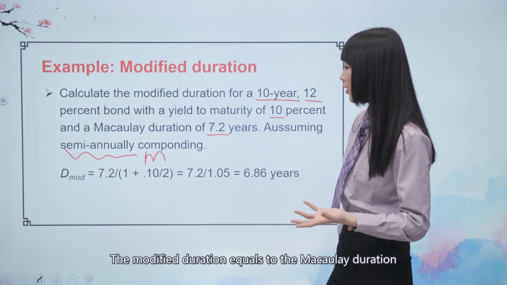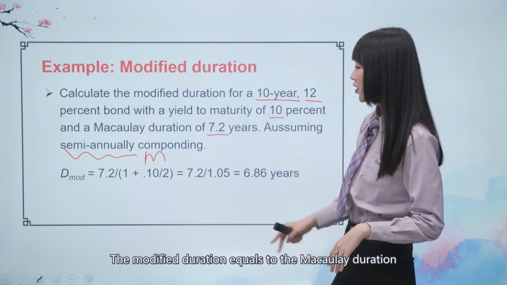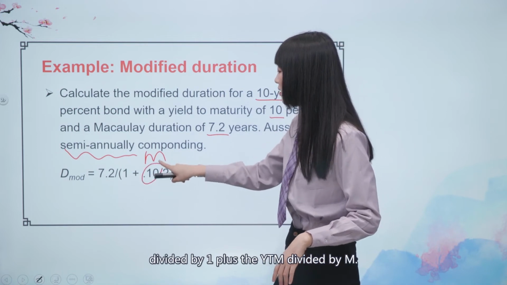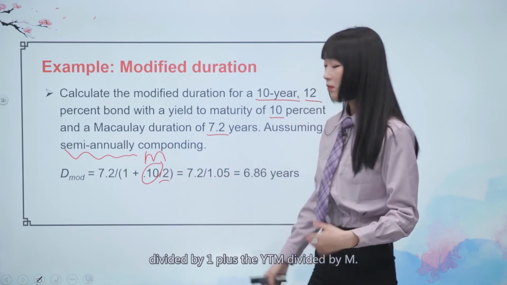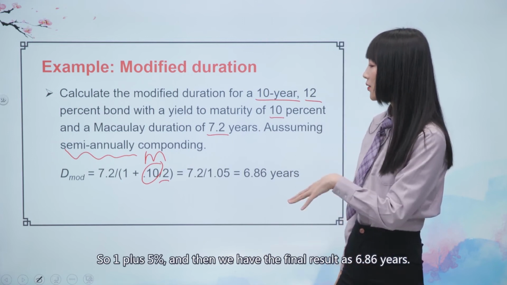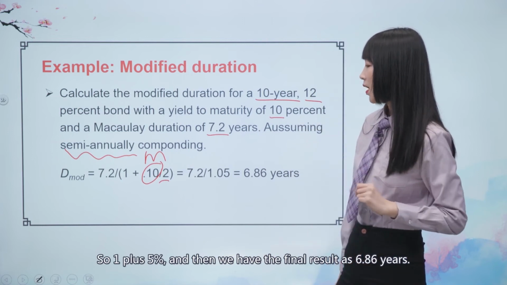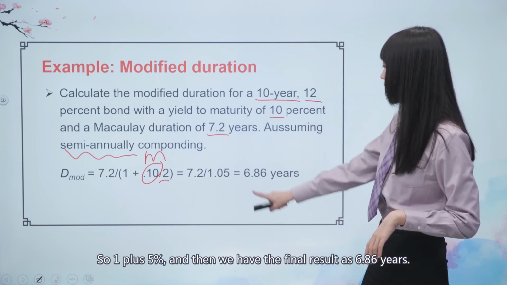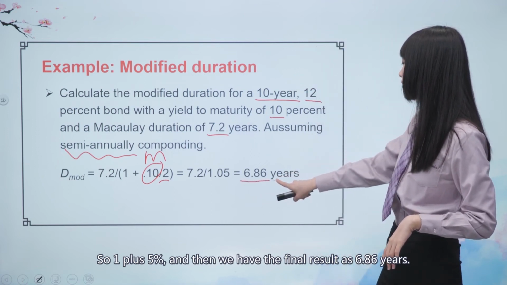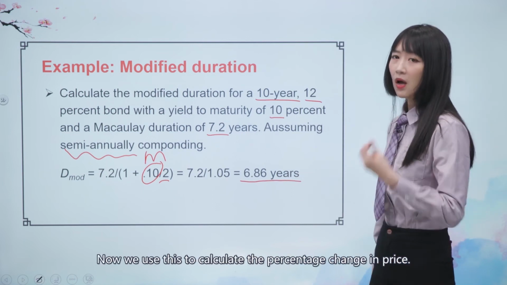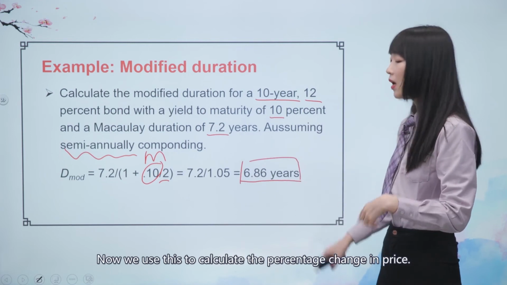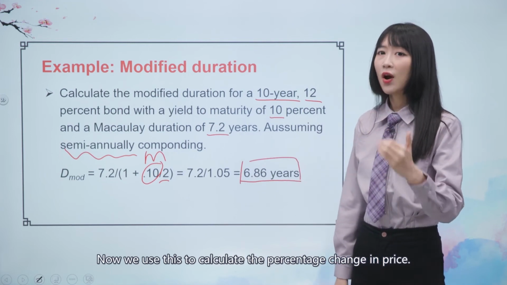The modified duration equals the Macaulay duration divided by 1 plus the YTM divided by M. So 1 plus 5%, and then we have the final result as 8.6 years. We use this to calculate the percentage change in price.